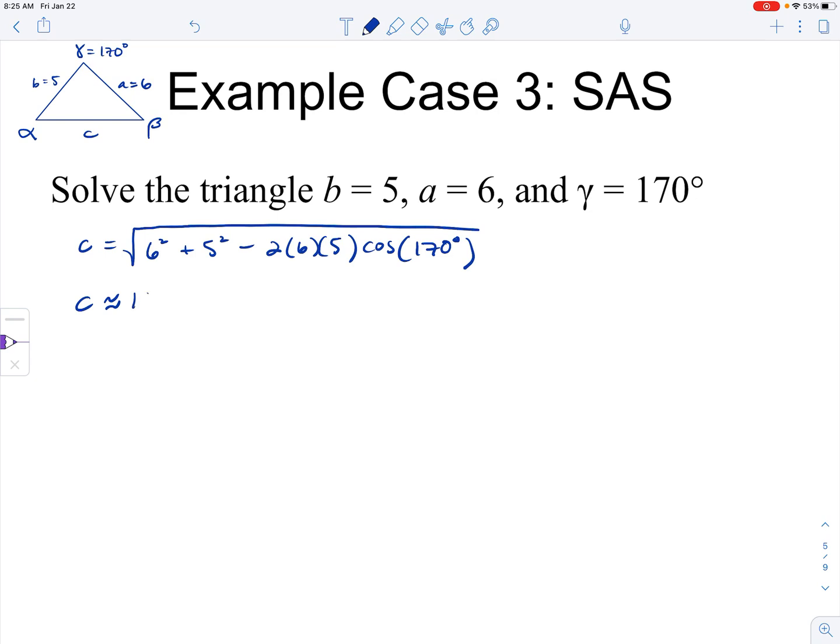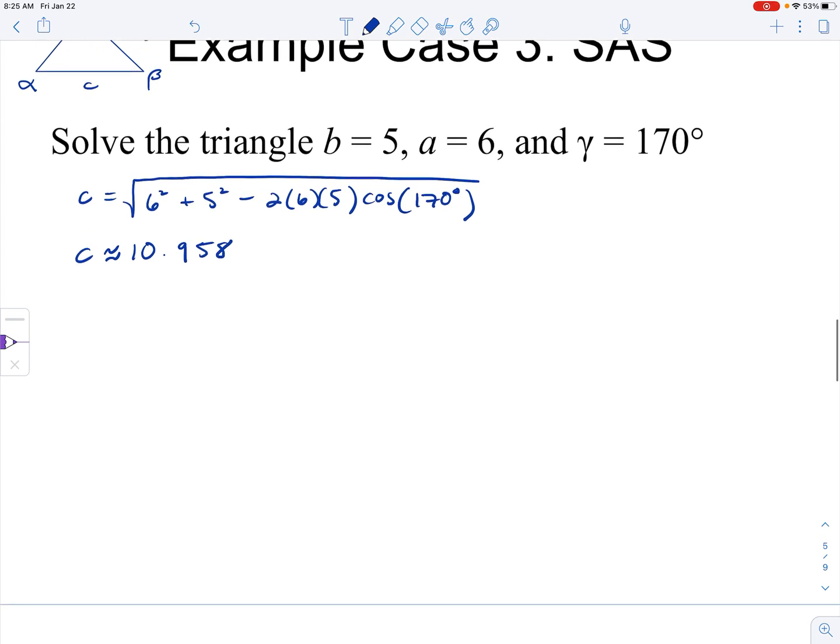That's the exact value for C. Type that entire expression into your calculator and you get the approximation of 10.958.